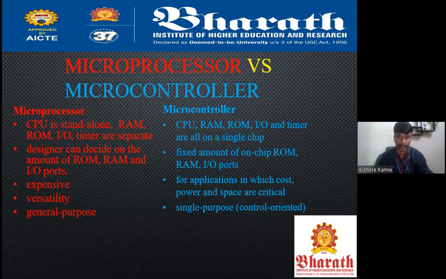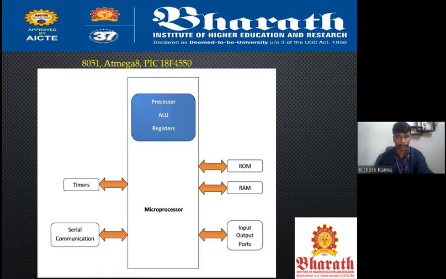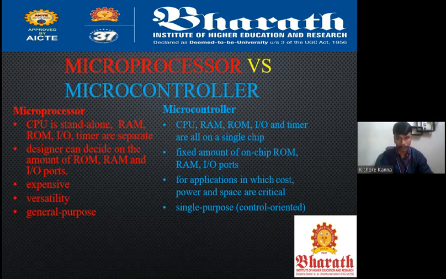And this is the slide which tells exactly the difference between a microprocessor and a microcontroller. In a microprocessor, the CPU stands alone, and RAM, ROM, input, output, and timer are separate. We already saw in the pictorial representation that the CPU stands alone, and the timer, serial communication, RAM, ROM, input, and outputs are connected to this CPU, called the microprocessor.